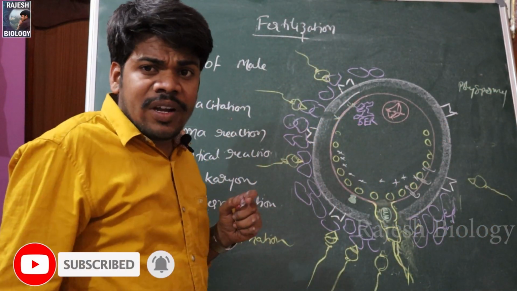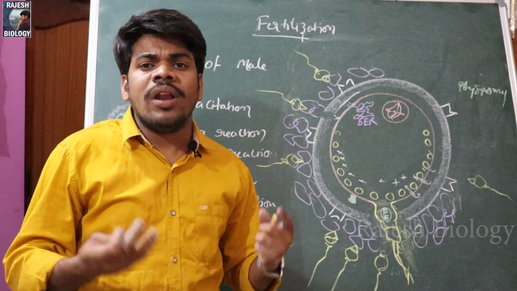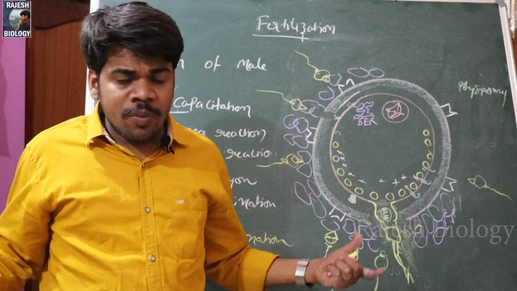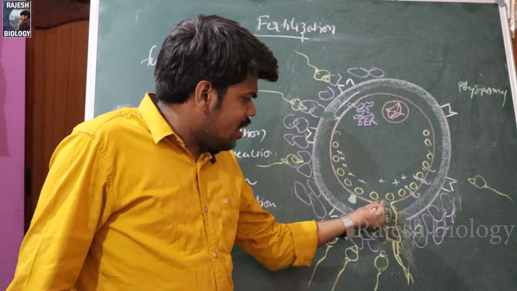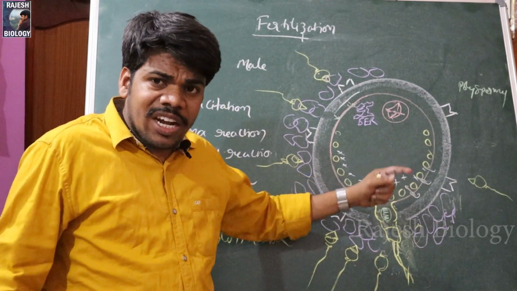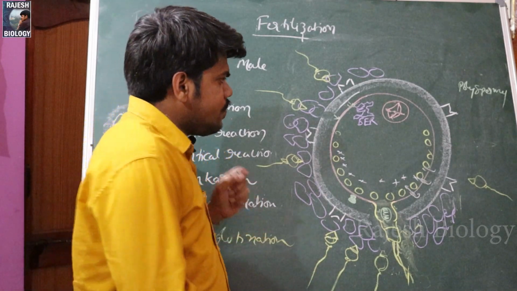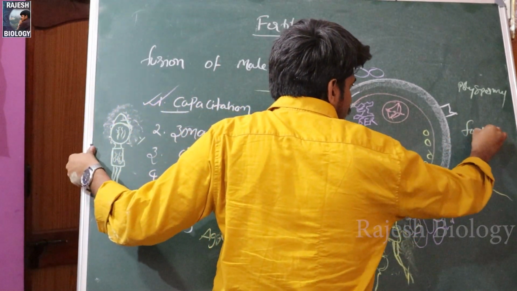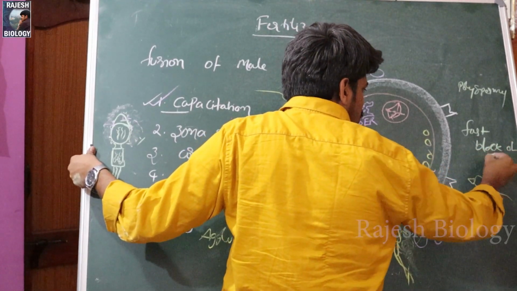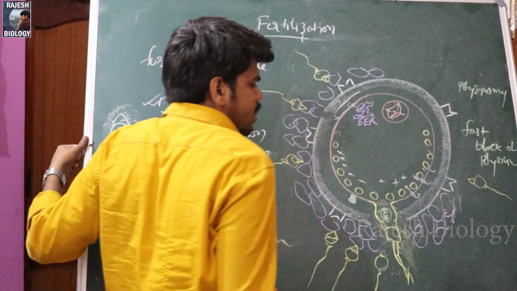If all the sperm cells fertilized, what would the chromosome number be? 23 into 1 million. But here it is not like that. To prevent many sperm cells, when a sperm touches the vitelline membrane, it becomes permeable to sodium ions, sodium ions enter, and it blocks the entry of all remaining sperm cells. It is called the fast block to polyspermy. Very fast it works. This is the first.